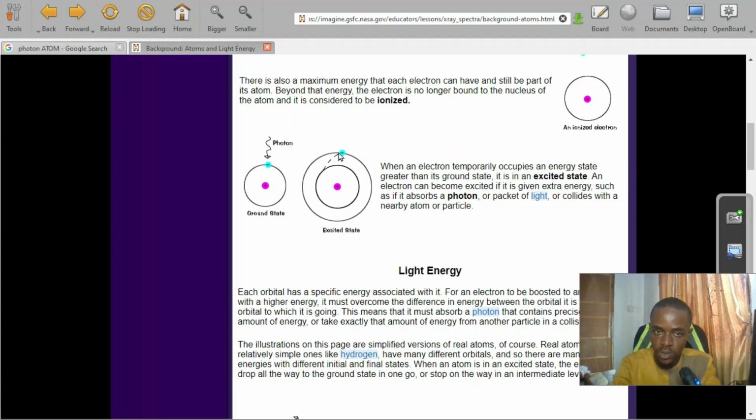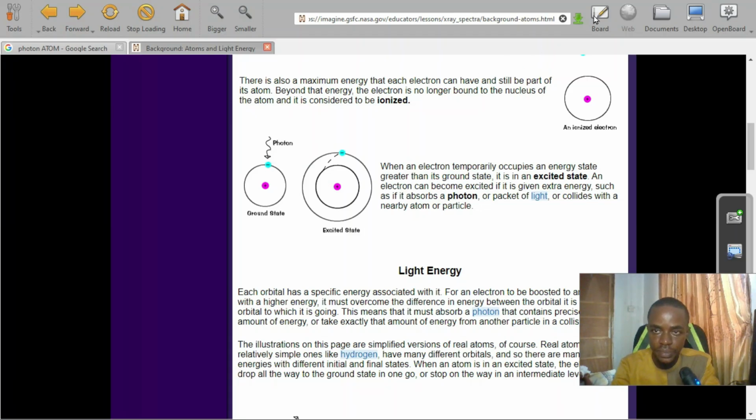Before, it was in a ground state. Now if these particles then fall back to the ground state, a photon is released. That's why you see from here, once it comes back here, a photon is released.